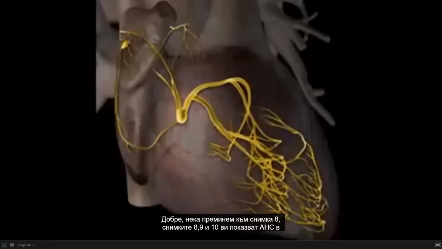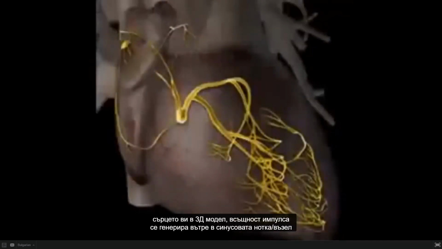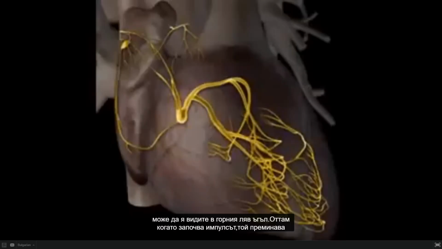Pictures 8, 9 and 10 show you in a 3D model the autochtonic nervous system inside of your heart. Actually, the impulse is generated inside of the sinus node. For you, the first node at the left top is visible.